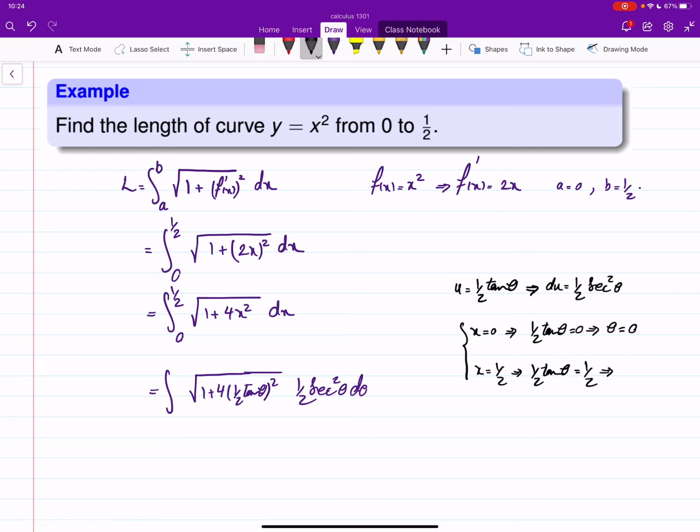That implies that tan theta is equal to 1, and the angle in the range of tan inverse which has that tan is pi over 4. So my theta integral will have limits 0 to pi over 4.